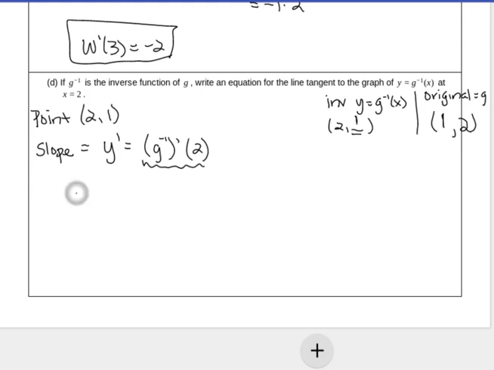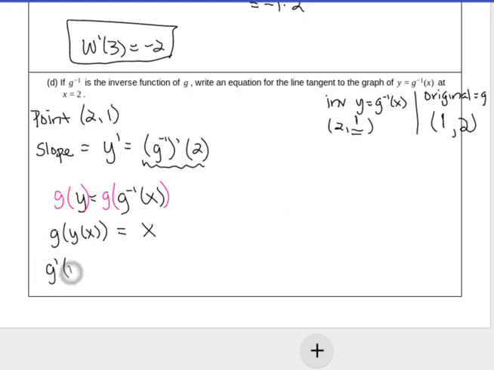So if we know that y is equal to g inverse of x, then before I do anything, the first thing I'm actually going to do is I'm going to do g of g inverse of x, and I'm going to do g of y. Because if I do that, then on the left side, I get g of y, and I'm going to make this function notation. So g of y of x is equal to x, because g and g inverse will cancel each other out. Well, now I can take the derivative of both sides.